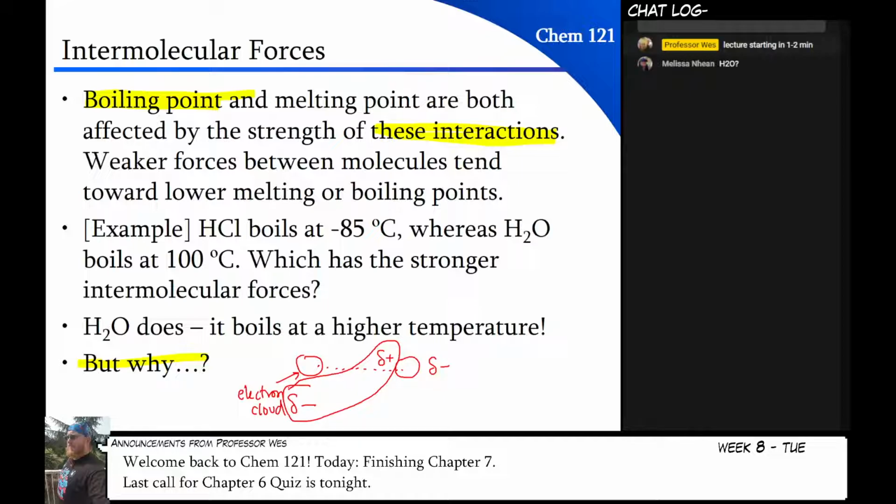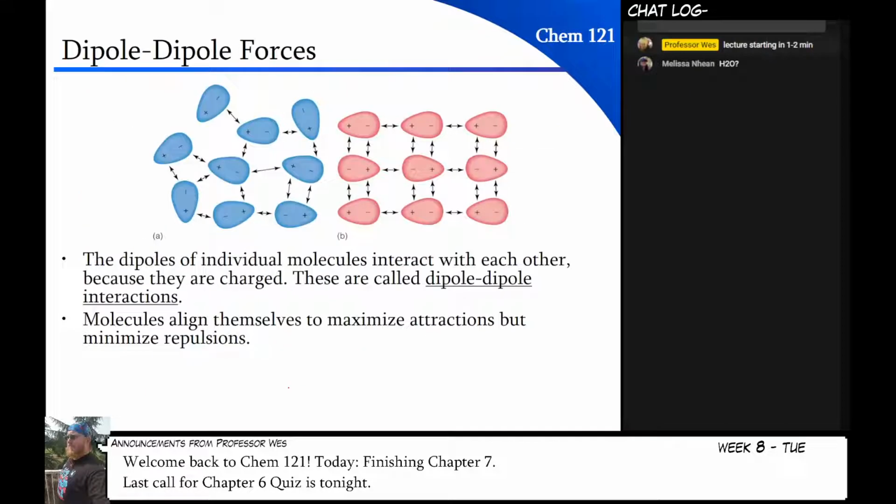If I have a side that is more negative than the other side, that implies that the other side is more positive. And a side that's more negative will be attracted to a side that's more positive, even though they're both electrons. If there are few electrons on one side and many on the other, that's going to create a dipole and a potential for attraction. And that's what happens here.